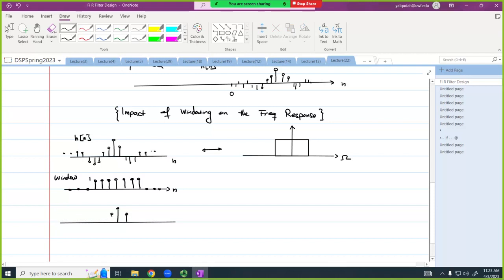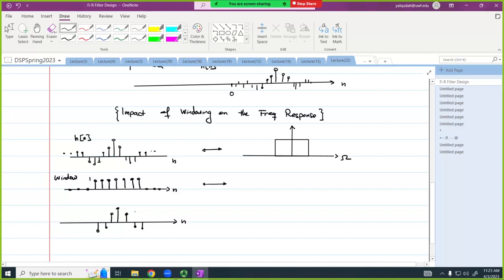It's going to look something like this. Make sense? We're multiplying these together. 0 is going to cancel anything here. This is 1, so only these components are going to remain. How do I know what the impact of this is on the frequency response?